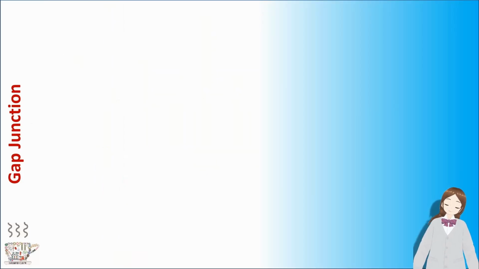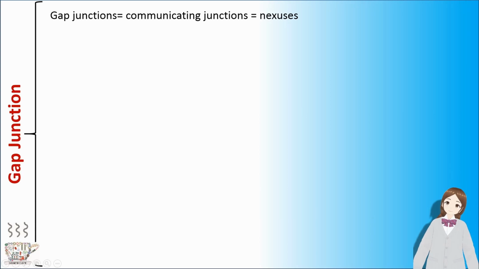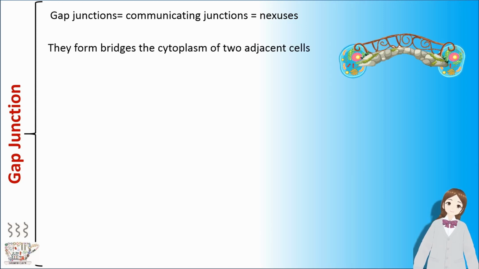Gap junction. Gap junction, also called communicating junctions or nexuses. They form bridges between the cytoplasm of two adjacent cells.